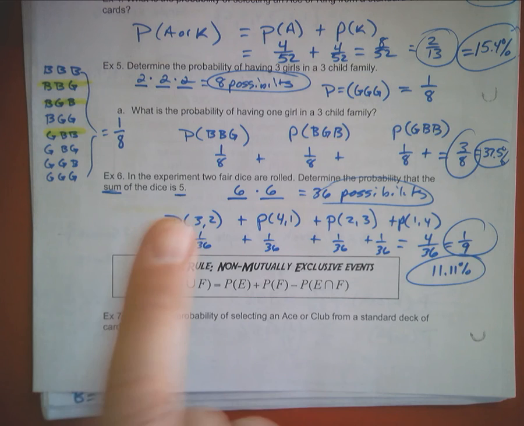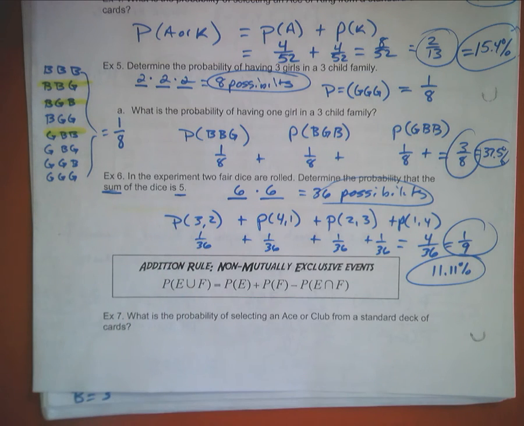And the issue when you're dealing with the doubles, like roll a 1 and a 1, those only happen one time. If you go and do the 6x6 grid, the 36 boxes, the doubles only happen one time each. 1, 1, 2, 2, 3, 3, 4, 4, 5, 5, 6, 6 only happens one time each.